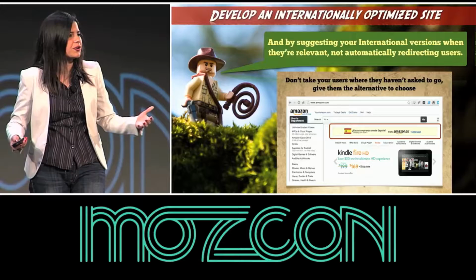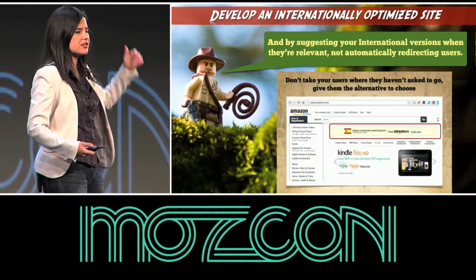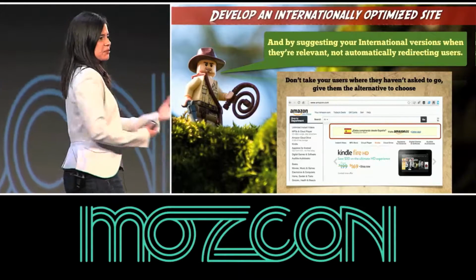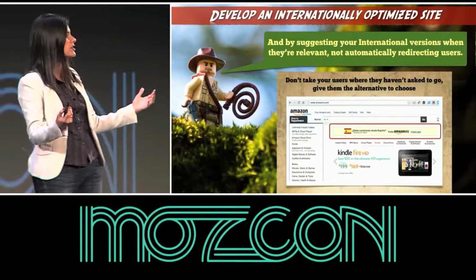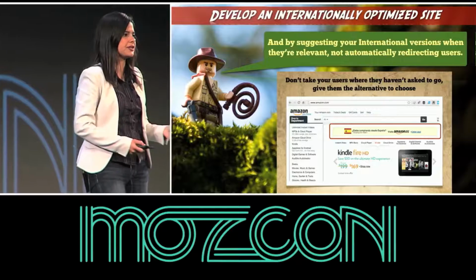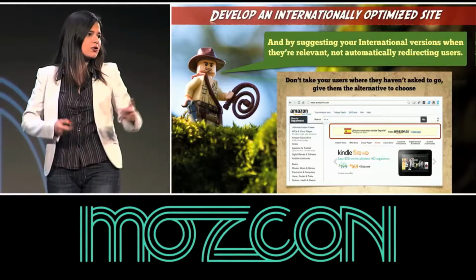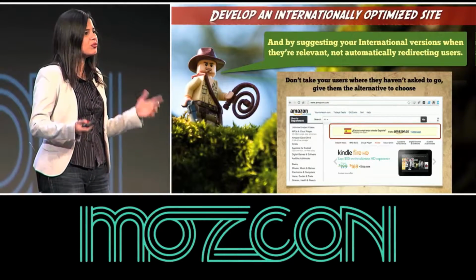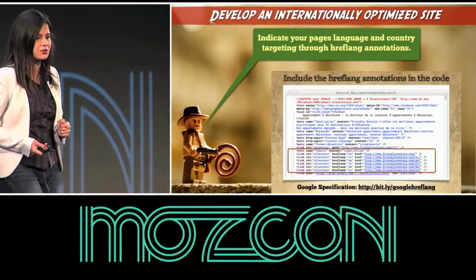I didn't ask to go there. The best way is to suggest, as Amazon does. Amazon identifies that I'm coming with a Spanish IP, that my browser is Spanish, and what they do is to tell me, hey, we have a version for you here that we think might be more suitable according to your preferences, which is great, but don't automatically redirect users, please.